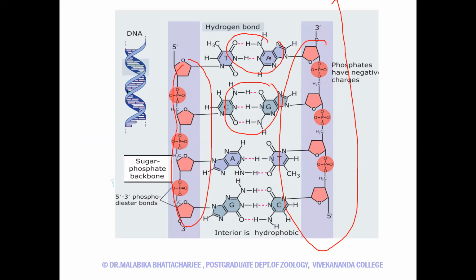Double bond occurs between adenine and thymine, and the triple bond occurs between guanine and cytosine. Adenine and guanine are the purine bases, and thymine and cytosine are the pyrimidine bases.